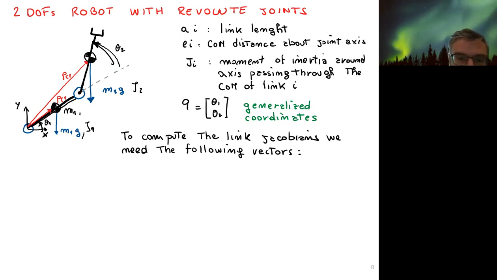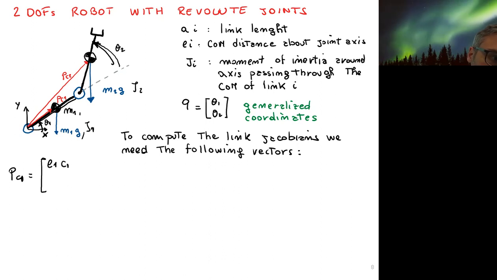To compute the Jacobians we need the following vectors. We need the position of center of mass 1, which is l_1 cosine of theta 1, l_1 sine of theta 1.